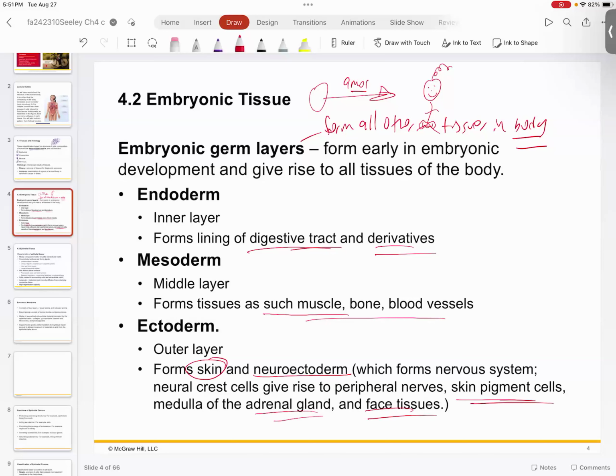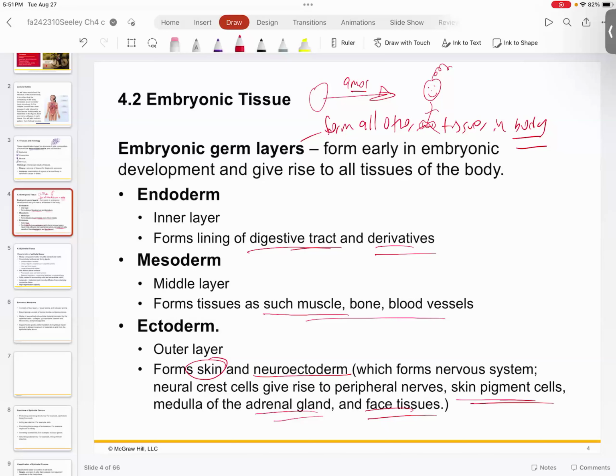So these three will add bits and pieces together to create an organ or a particular type of tissue. Most of your organs originate as an amalgam of these three. So you can't just say, oh, well, this one only does muscle. Well, there's muscle that also comes from the ectoderm as well. Okay, so they add their piece together.